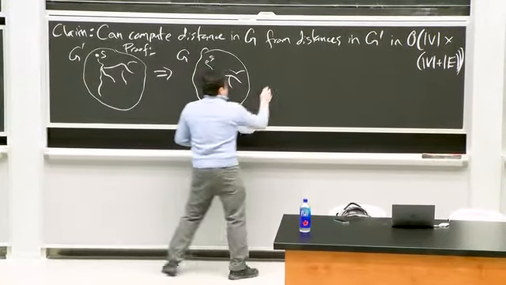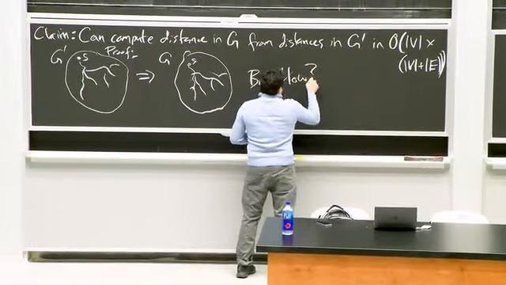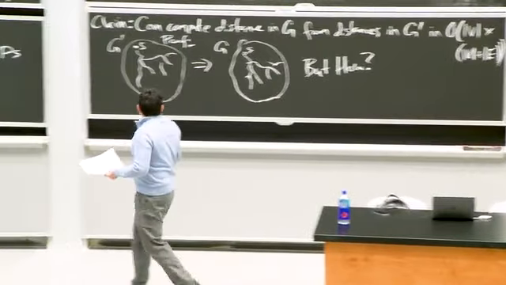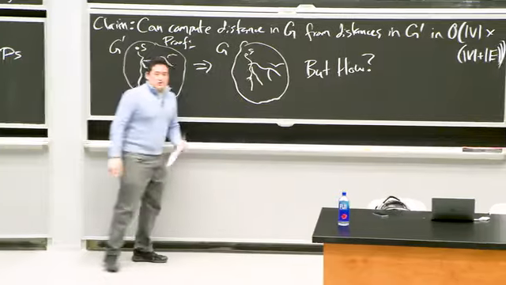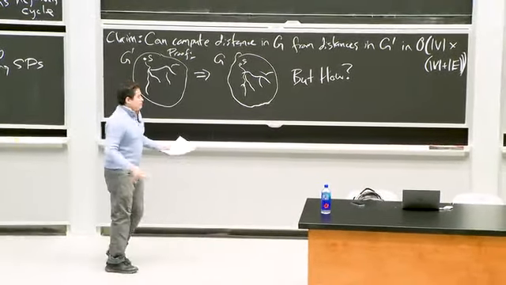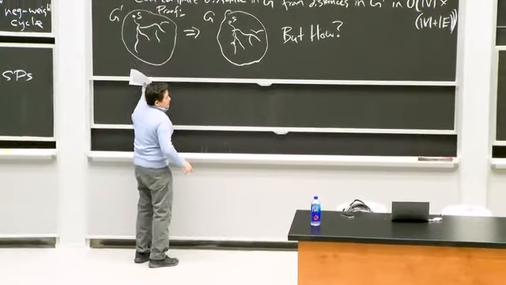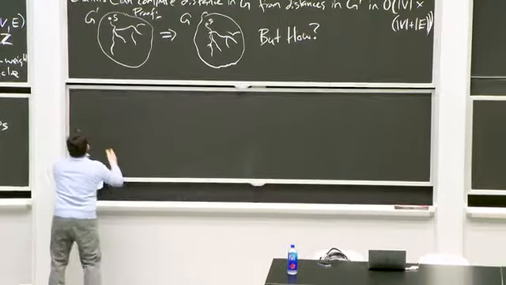But how can we do this? It doesn't even seem like this could be possible generally, right? How can I just reweight the edges and maintain that the shortest path trees are the same? That seems hard to do. And in particular, if there's a negative weight cycle in this graph, it's impossible to do, right?